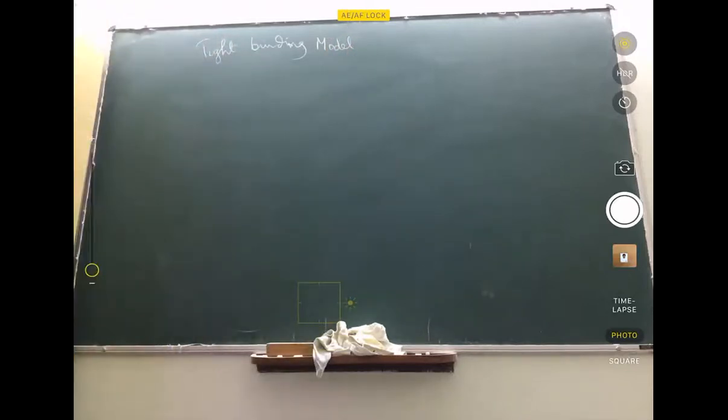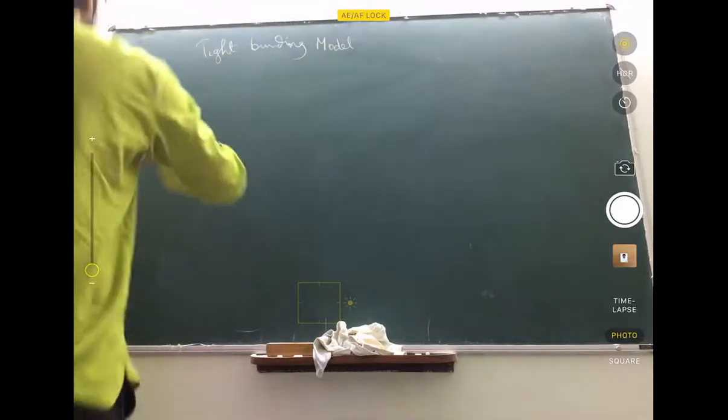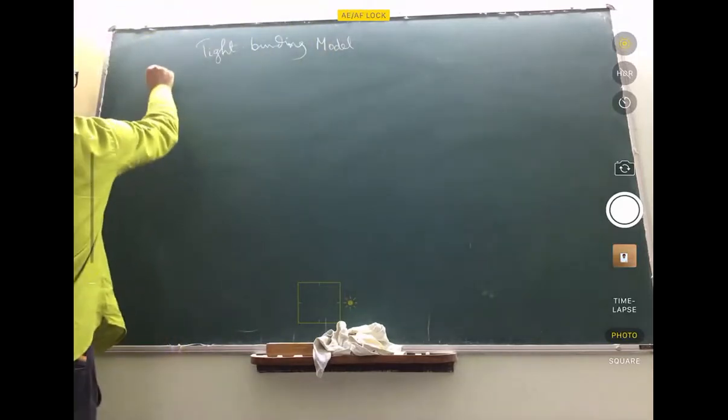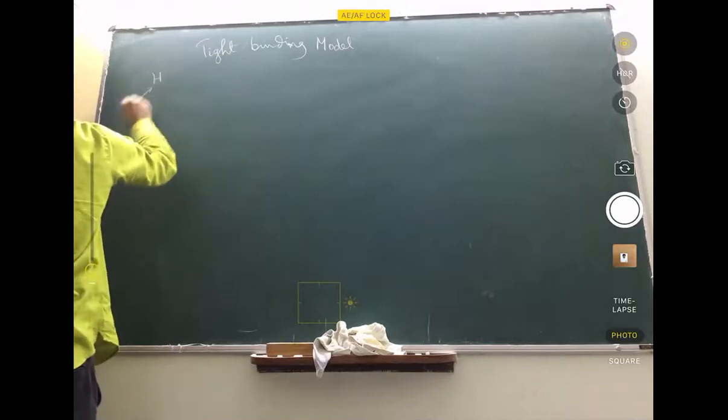So this approach is called the tight binding approach or the tight binding model. Okay, so as I said, we have a crystal Hamiltonian.